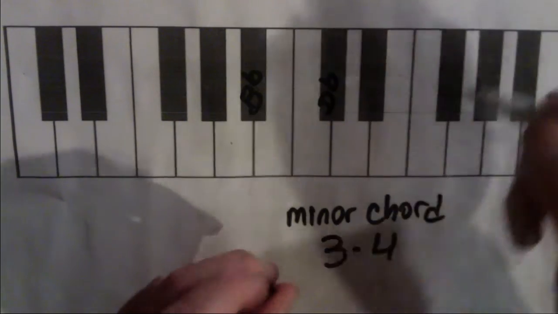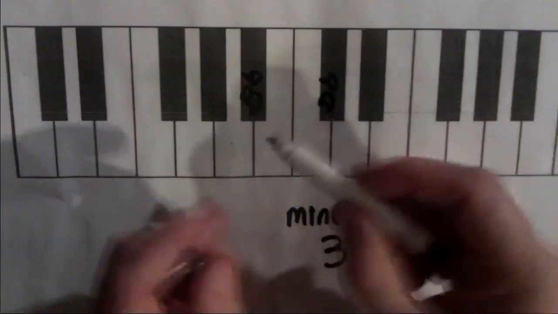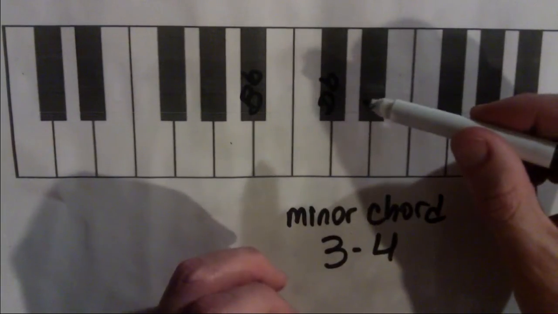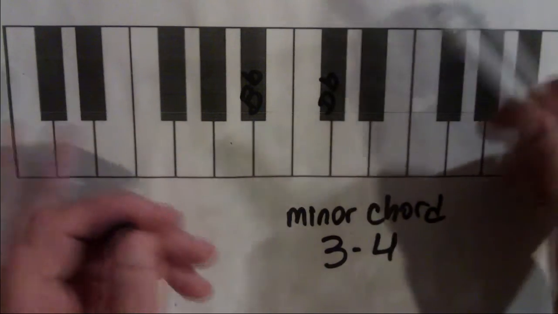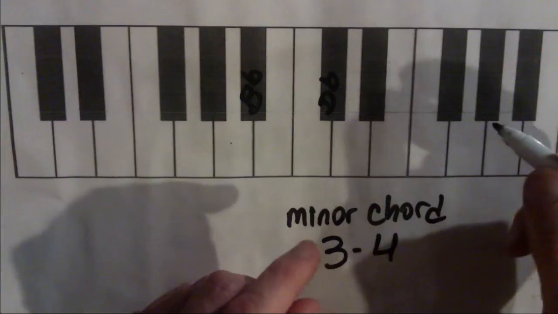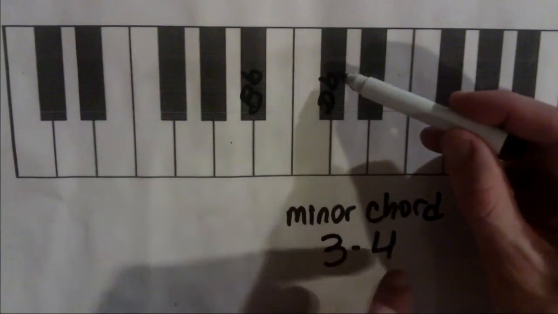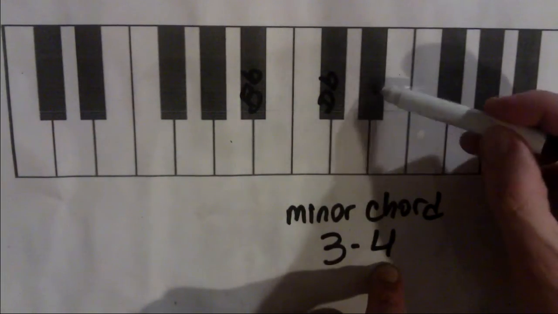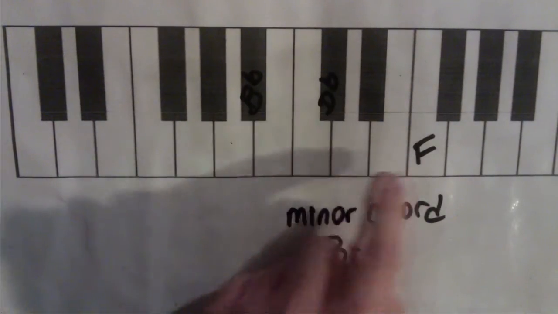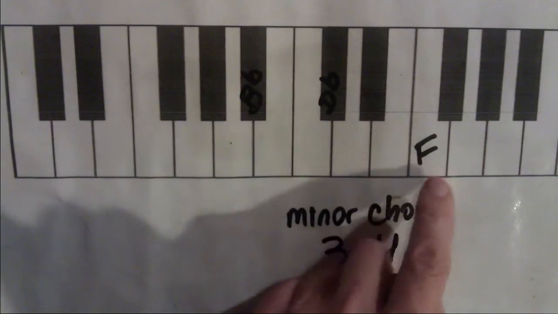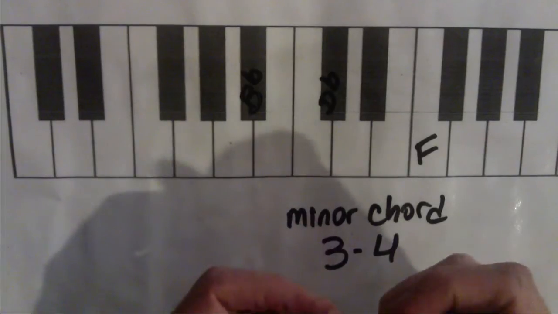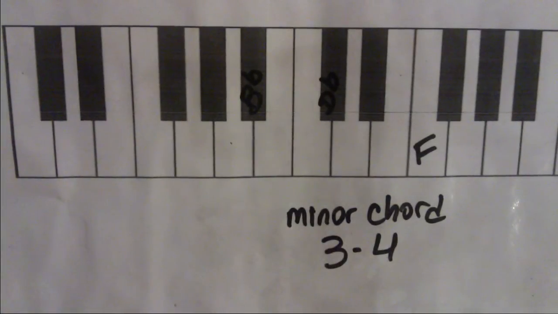You get used to not mixing sharps and flats in an unnecessary way, but at the moment just take as a rule: don't mix sharps with flats. Then from here we can count 4, 0, 1, 2, 3, 4, and then we have F here. So with that we have the minor chord starting from B flat. In other words, the B flat minor chord is going to sound like this.